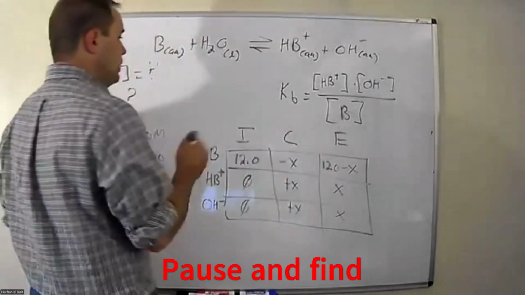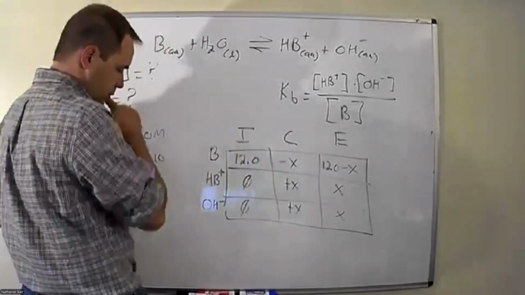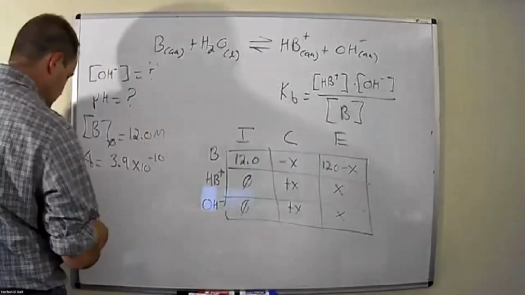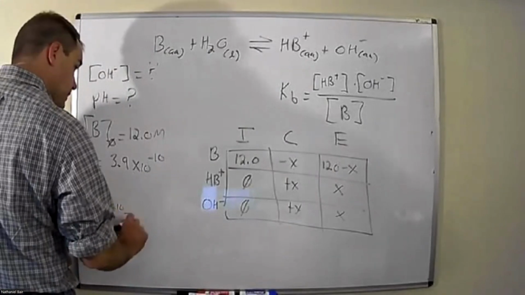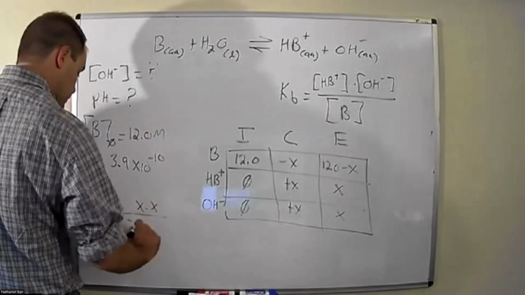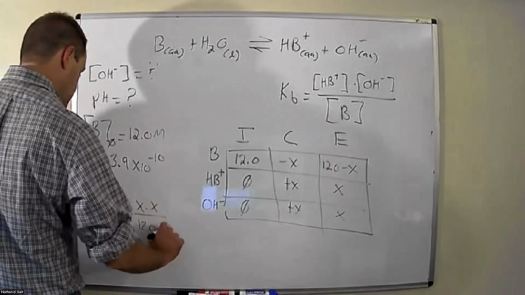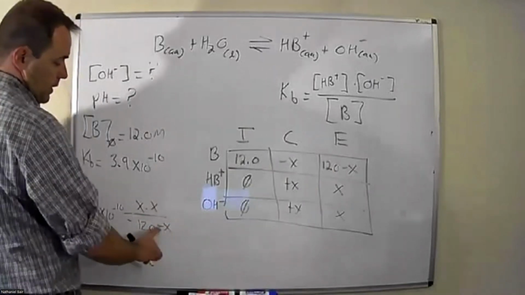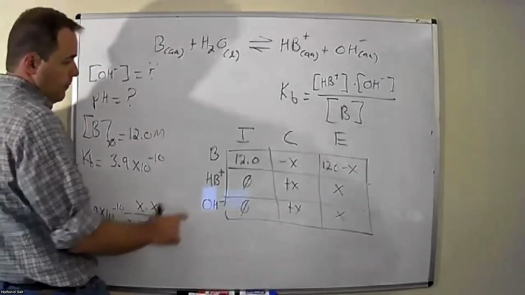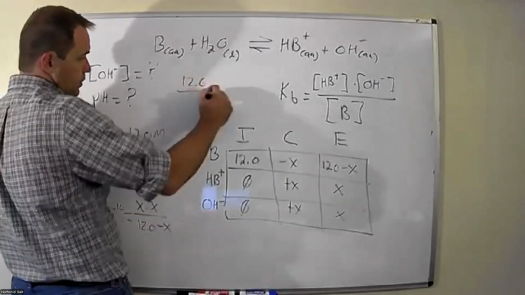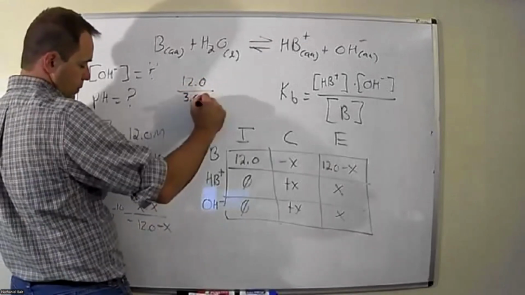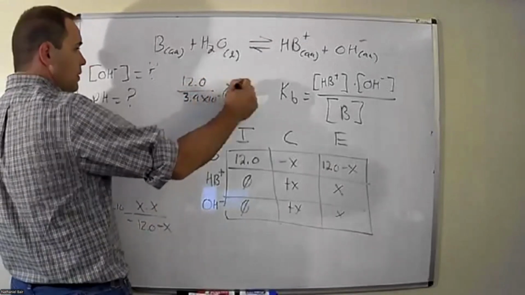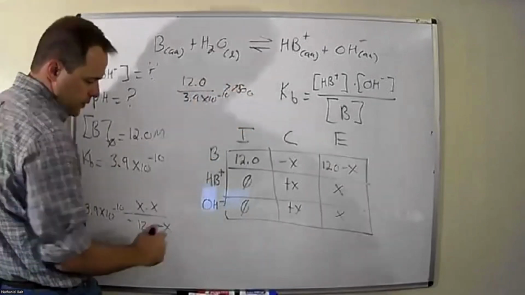So here we go. I'm kind of out of room, so I'm going to do it down here. 3.9 times 10 to the negative 10th equals x times x over 12.0 minus x. We want to see if we can get rid of that minus x, and we can. If we take the smallest initial concentration, 12.0, and divide by the constant 3.9 times 10 to the negative 10th, you get a number way greater than 500, folks.